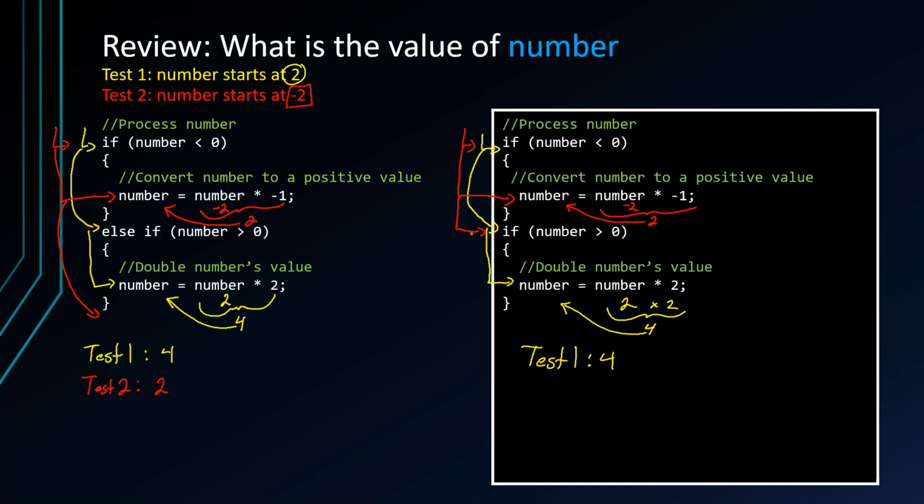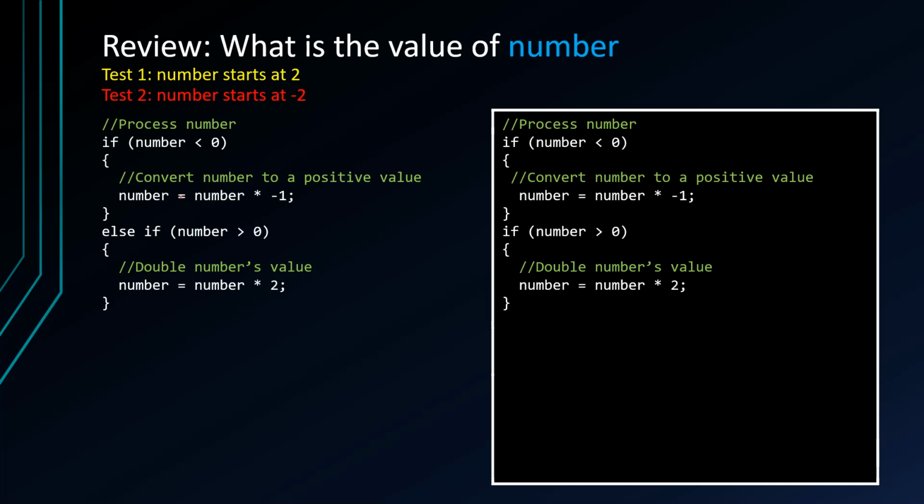Yeah, it is. So it's going to go in here, and it's going to execute this code. So now we have 2 times 2, and again, that's 4. So 4 gets stored in here, so the same value is going to get stored in number. So test 2 is 4. Now look at this. We got different results for that number. This code looks pretty much identical. What's the problem here? What could possibly be the problem?